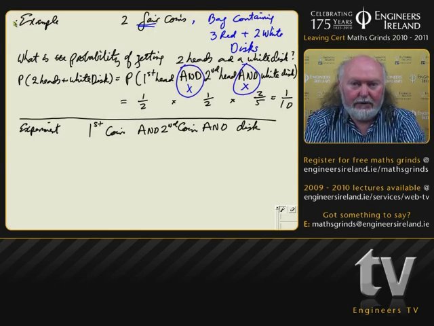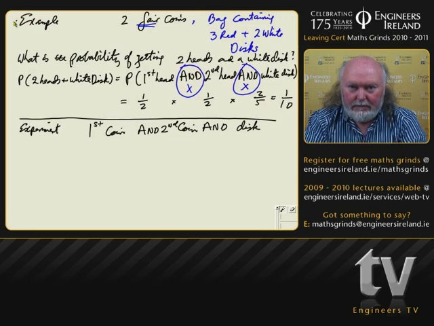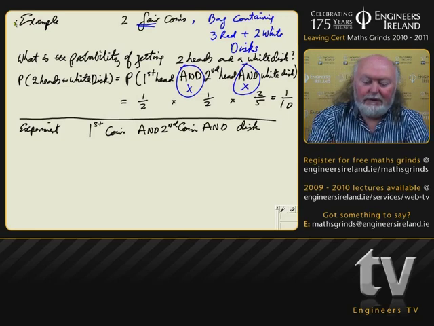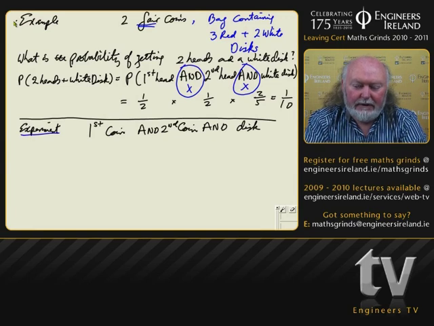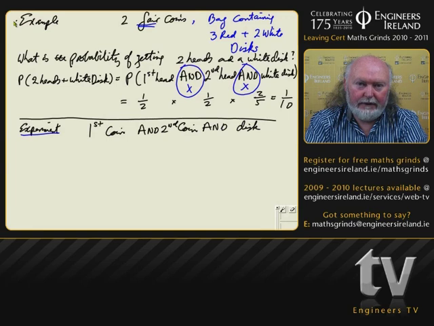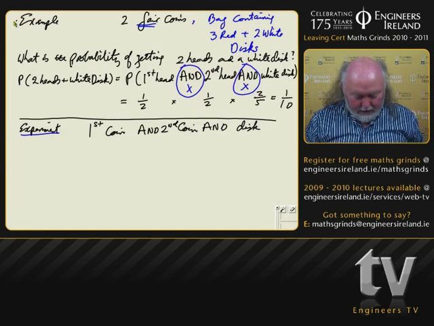The experiment is we're going to toss a coin, then we'll toss the second coin, and then we'll pull a disc. And any possible outcome of that forms the experiment. And what we will look for is the number of outcomes of this experiment that will fulfill our objective, the particular thing we're looking for.